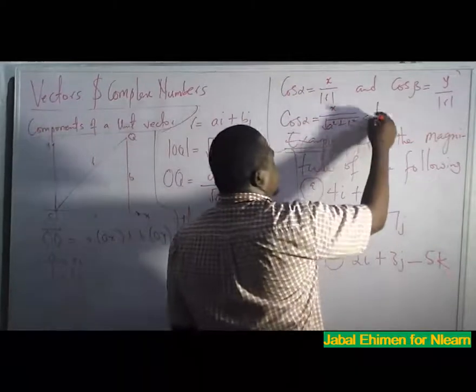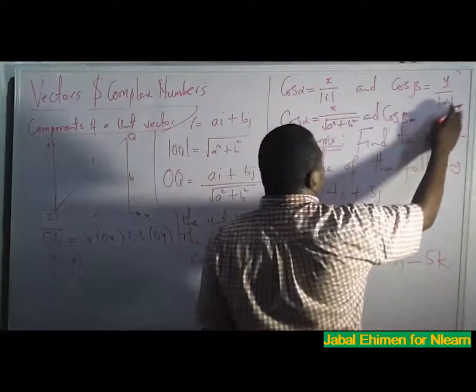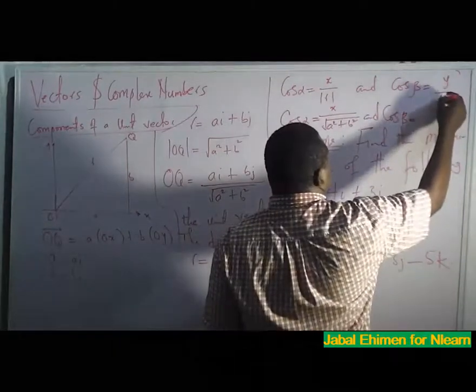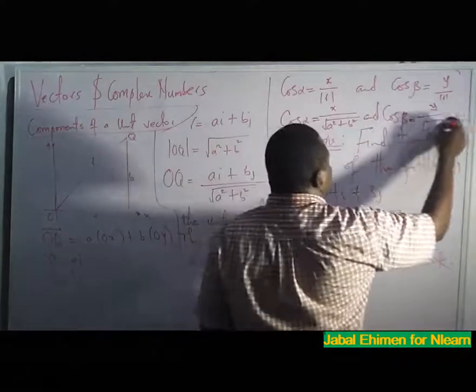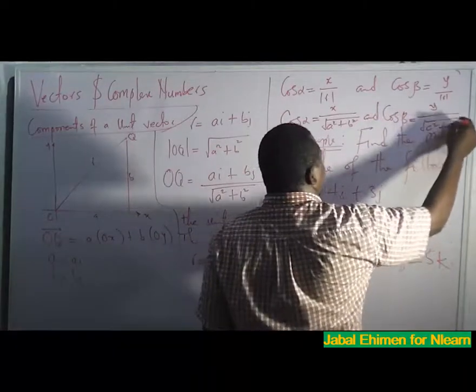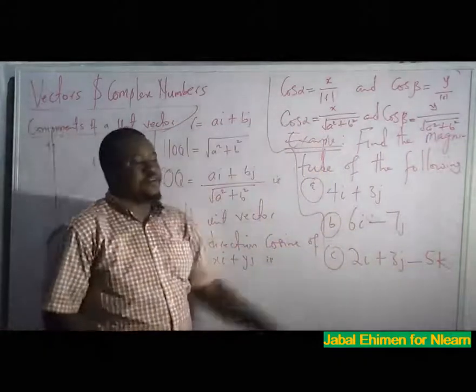And cos beta is also the same thing as y over root of A squared plus B squared. So these are the direction cosines of the vector.